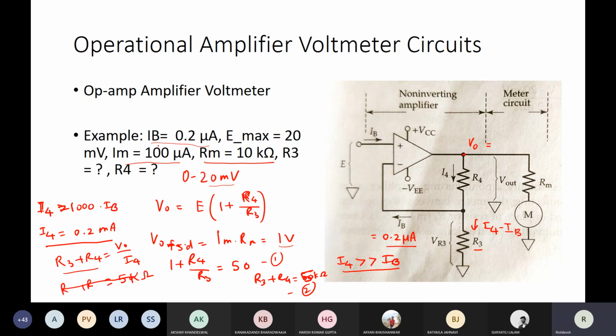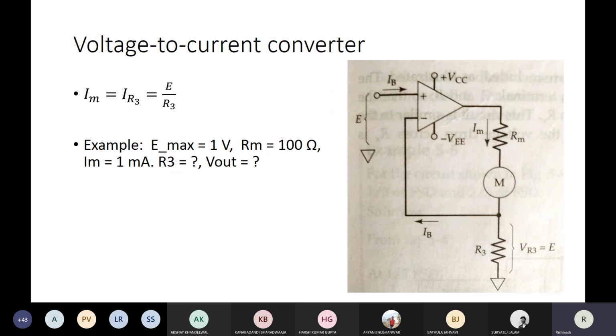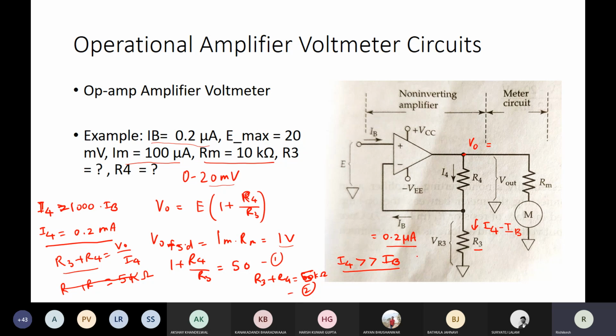But then we used the fact that IB is very much less than I4 and considered the engineering approximation that the current flowing through R3 is also equal to I4. In that way, we can design the circuit components associated with the op-amp based voltmeter. In this configuration, we actually amplified the voltage, and that amplified voltage is provided as an input to the metering circuit.